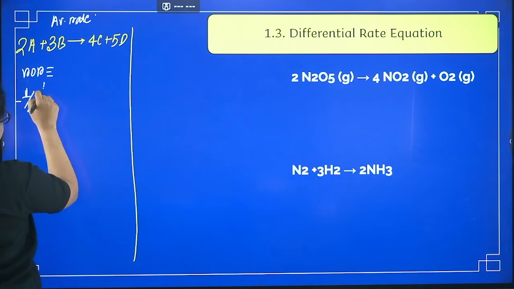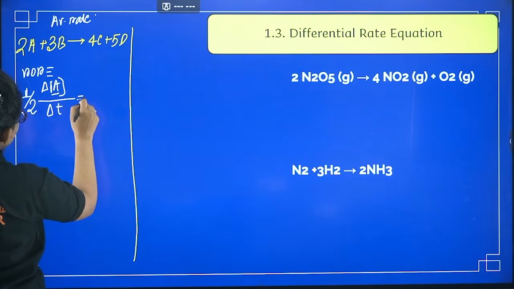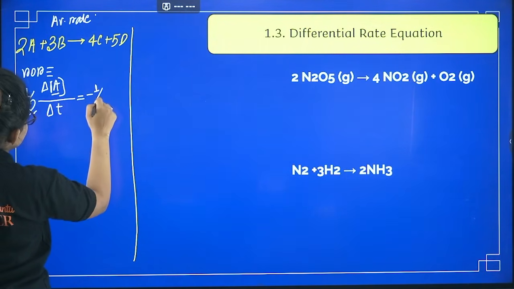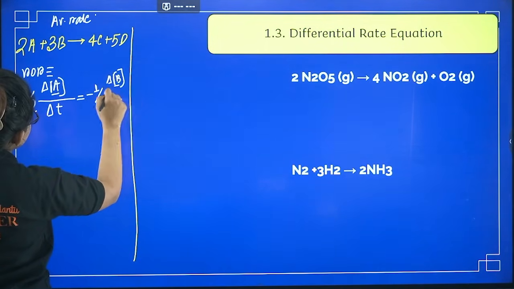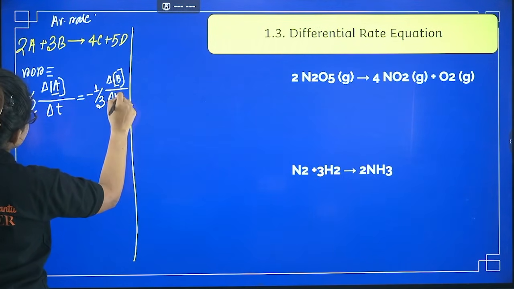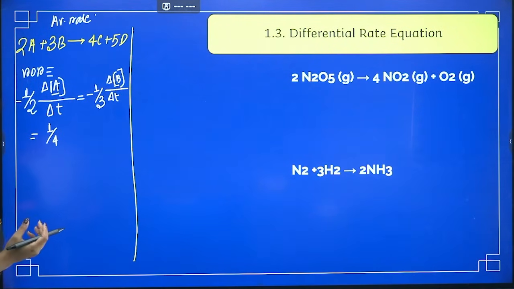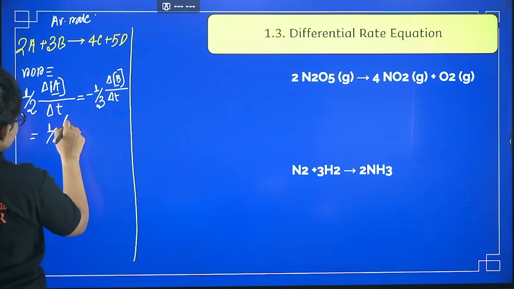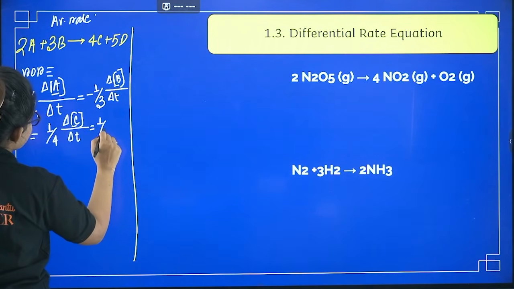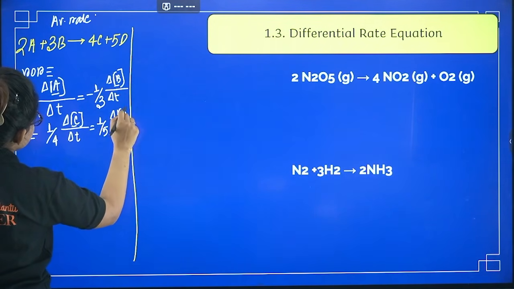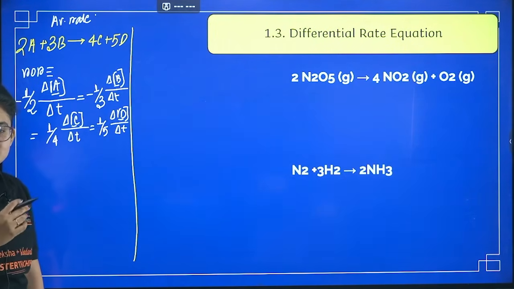So 1 by 2 delta concentration of A by delta T equals, again, minus 1 by 3 delta concentration of B by delta T, equals, here I will do plus because product will appear with time, plus 1 by 4 delta concentration of C by delta T equals 1 by 5 delta concentration of D by delta T. This is how average rate needs to be written for rate of reaction.